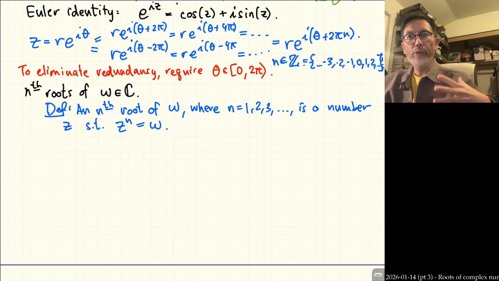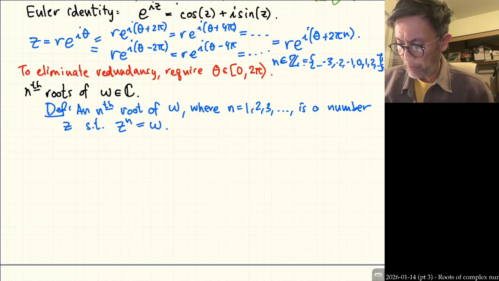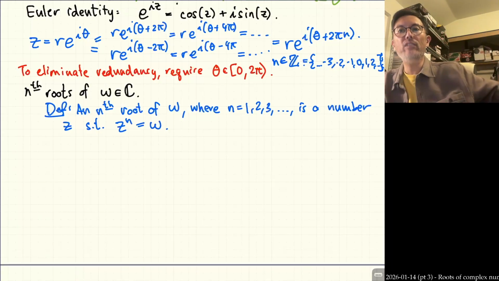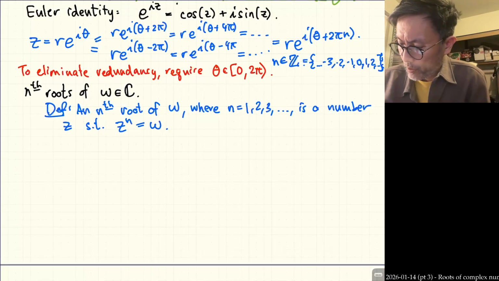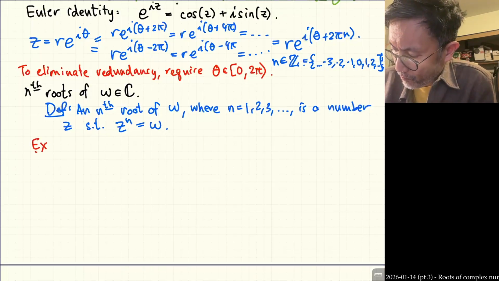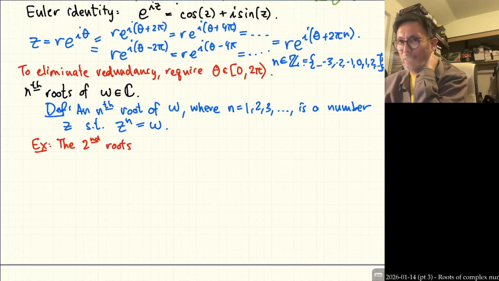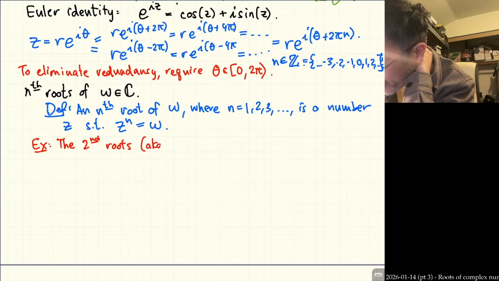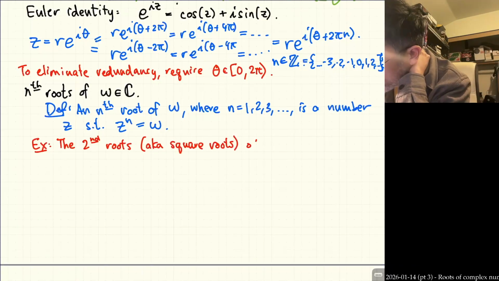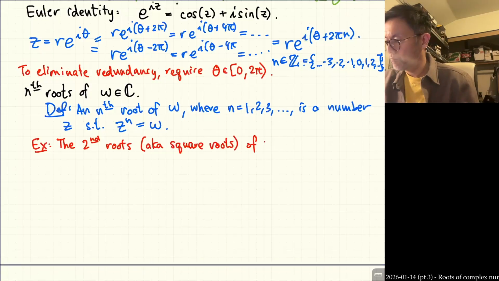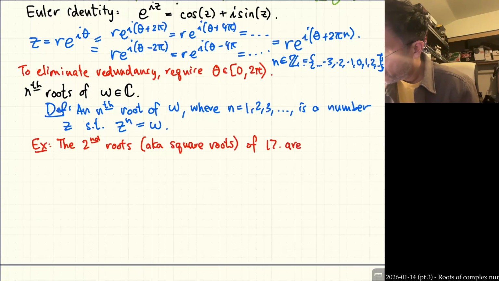Okay, and we know this from the basics of our mathematics education, right? So for example, the second roots, which nobody calls the second roots, we call these square roots, of let's say 17 are plus and minus square root of 17.